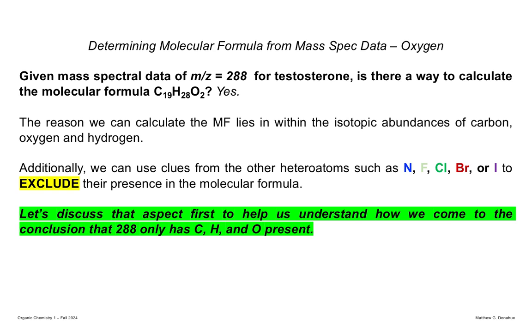So to restate the question, can we find the molecular formula just given the mass? And yes, we can. But before we get too far into that, I want to look at these other heteroatoms, nitrogen and the halogens, to exclude their presence, because they'll have diagnostic signatures in mass spec that can say, okay, it's there or it's not there.